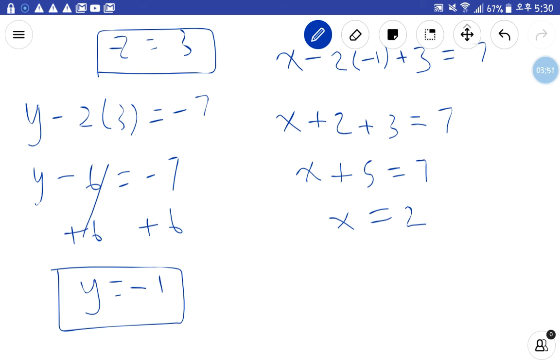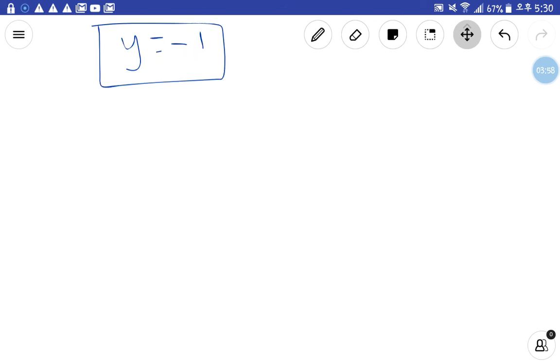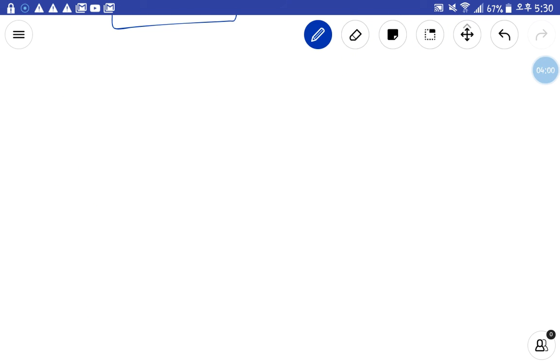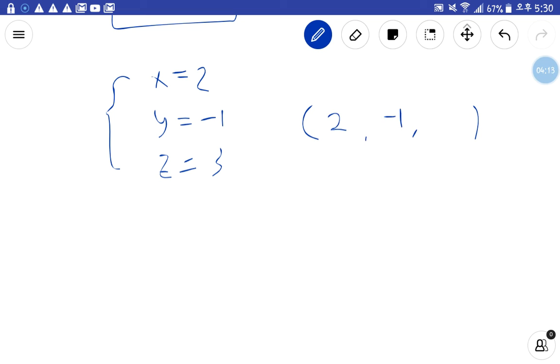Okay? So those three are my answer, and I hope you remember how we present our answers. You can either write x equals 2, y equals negative 1, z equals 3, or we can use the ordered triple, which is 2, negative 1, and 3. Please put it in order, because it's always x, y, z order, right?